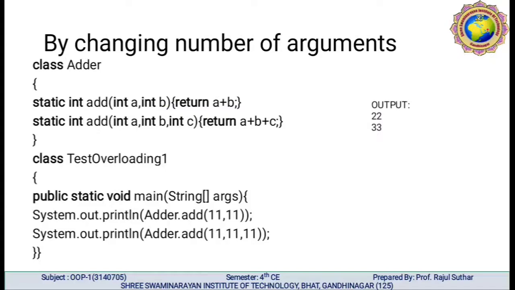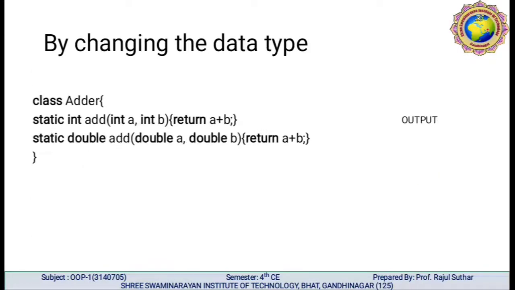Whenever we run the program, this is the output. First System.out.println executes 11 plus 11, that is 22. And the second System.out.println reflects 11 plus 11 plus 11, that is 33.